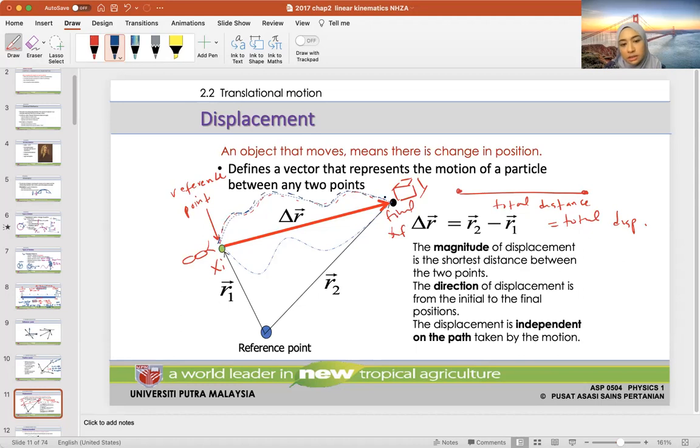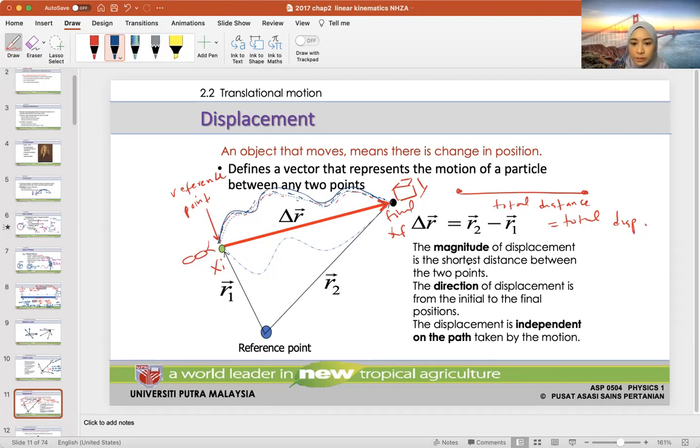Displacement is the shortest distance between the final and the initial. Total distance is actually the path taken. And in 2 dimension, the path taken is usually greater than displacement. Okay, dalam 2D, selalunya path distance dia lagi panjang dari displacement. Displacement pendek. Okay.